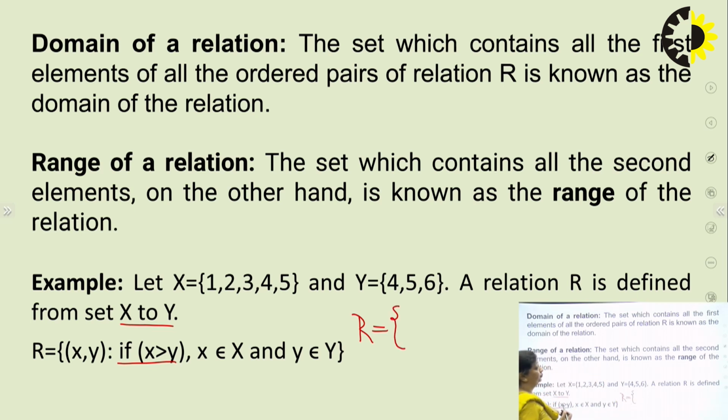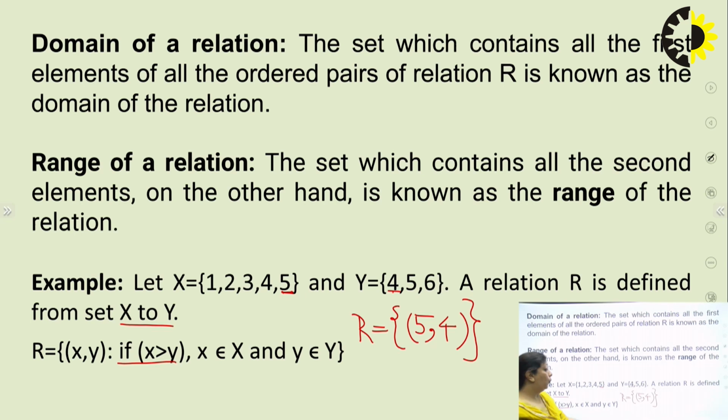So now if I check my sets and try to find the ordered pairs which are going to belong to the relation, then I can put only those ordered pairs where the first component is going to be greater than the second component. So I am going to get only one ordered pair over here, that is (5, 4), where 5 belongs to X and this 4 belongs to Y. If I take any other element, it is not going to fulfill the condition of x greater than y.